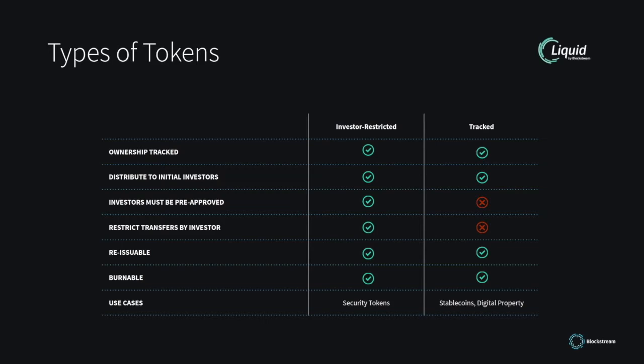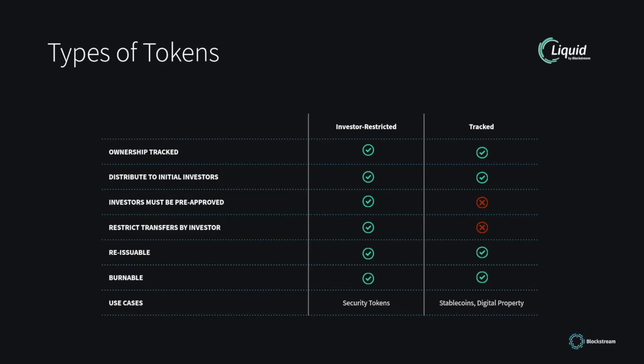We've termed them investor restricted and tracked. Both token types require that a transfer occurs between Green Liquid Securities enabled wallets. This is to ensure that tokens can at all times be tracked and reported on by the issuer. Where they differ is how they apply investor eligibility rules.